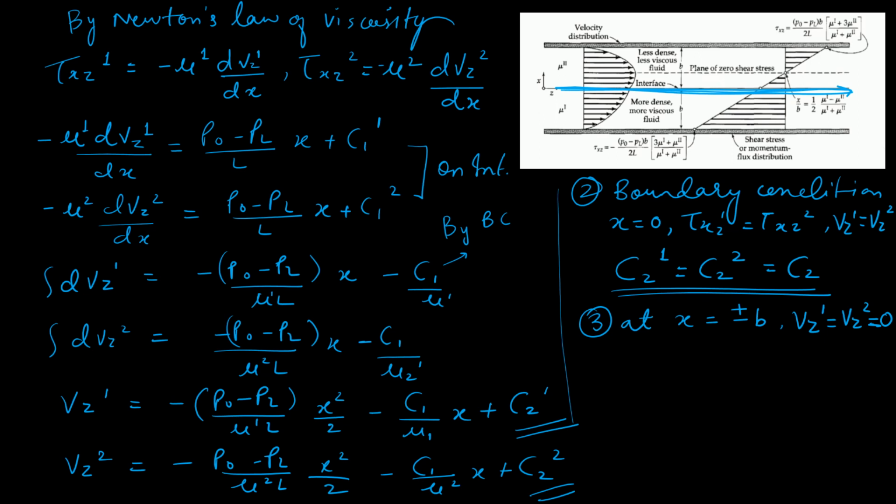So at the boundaries, on the wall, velocity is 0. The velocity of fluid 1 is 0 and the velocity of fluid 2 is also 0 at the wall.